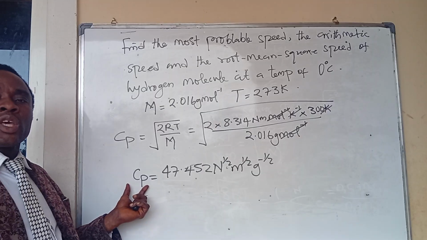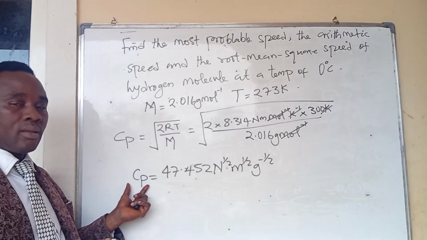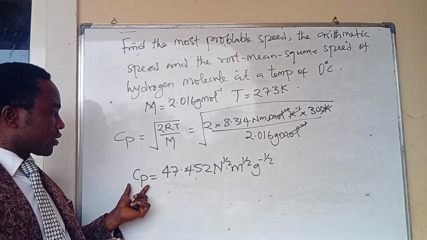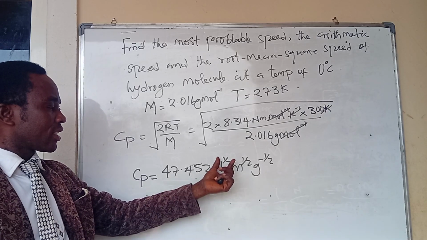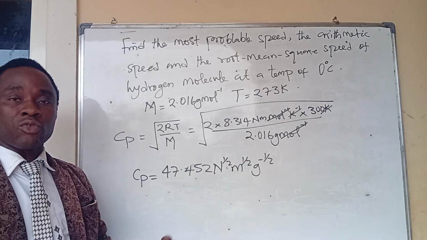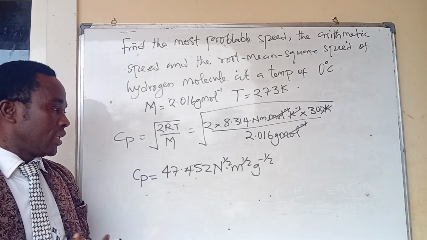Now, since we are looking for what? For speed, we are not going to be taking this N raised to power 1/2, m raised to power 1/2 as our unit.